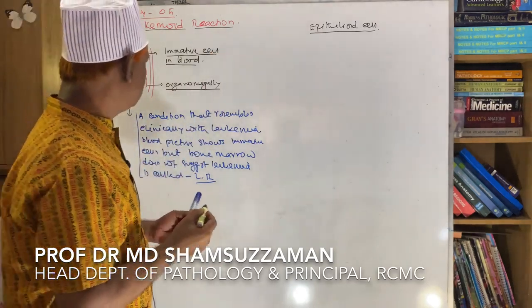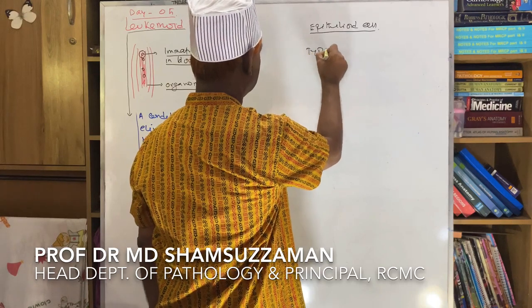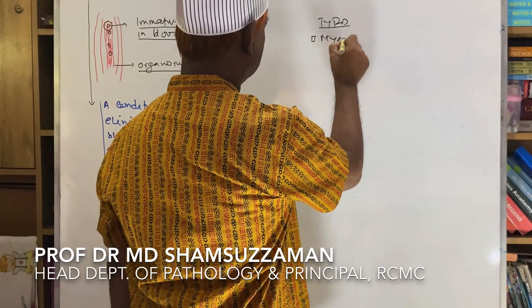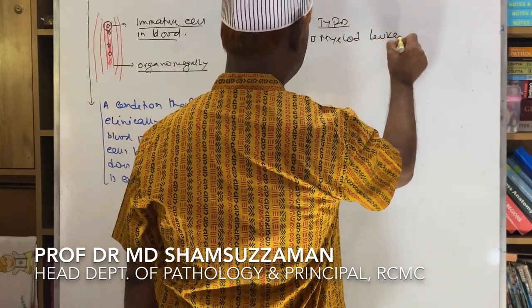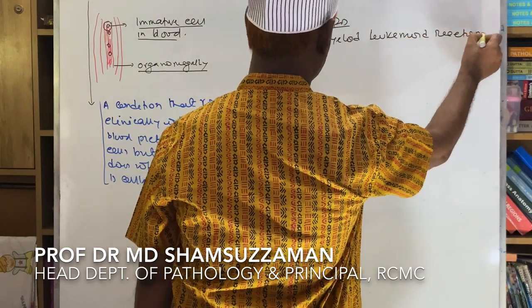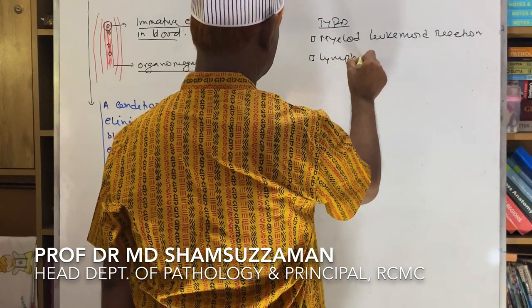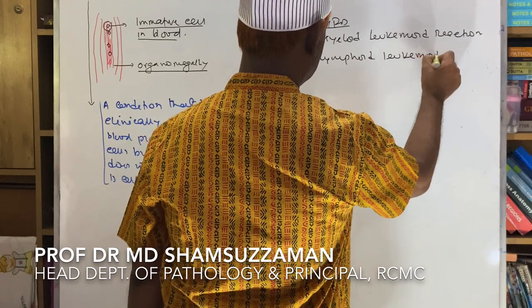Now come to types of Leukemoid reaction. One is myeloid Leukemoid reaction. Another is lymphoid Leukemoid reaction.